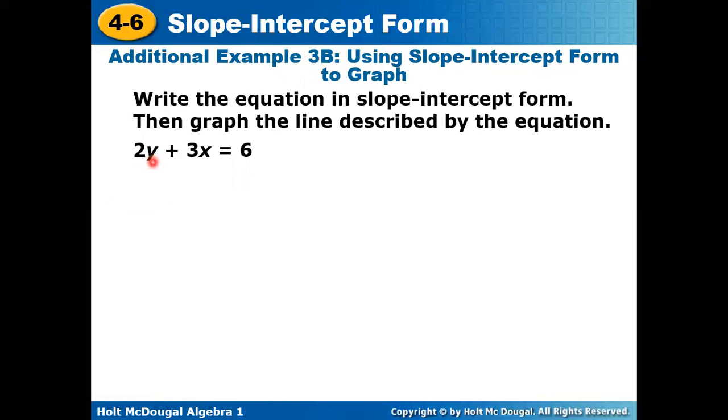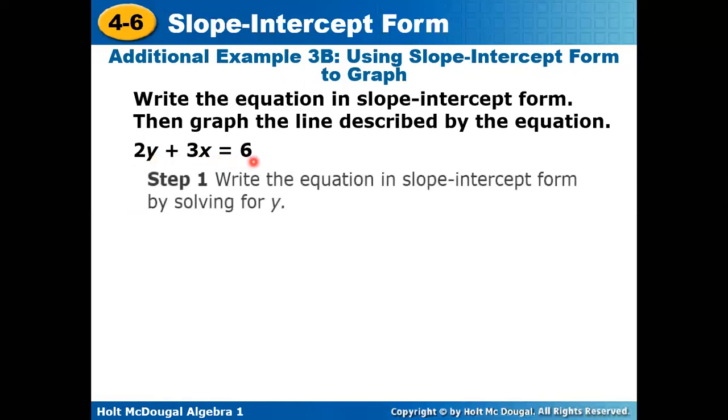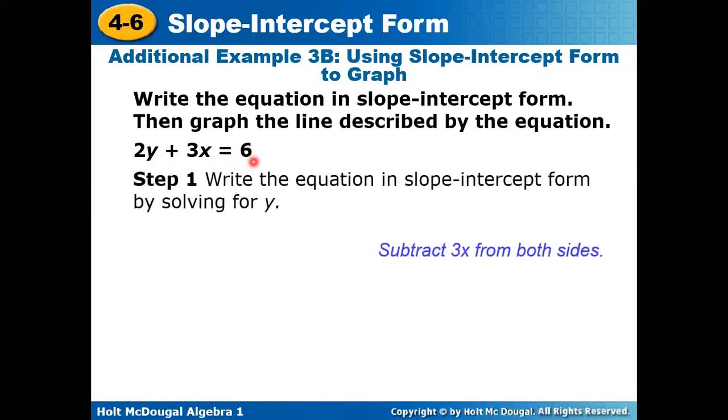I need y alone on one side. So step number 1, subtract 3x from left and right. Now 2y alone, cancel 3x with -3x, equals 6 minus 3x, which is -3x plus 6.